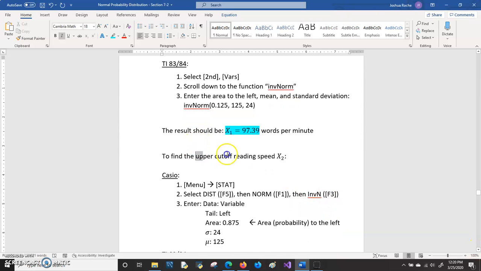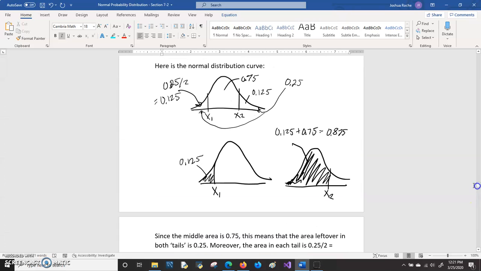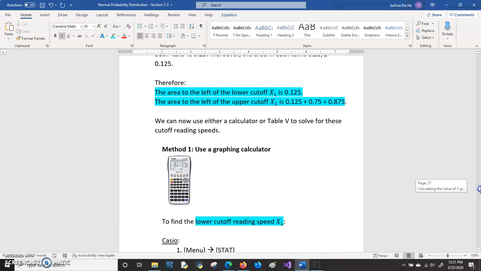Now we'll find the upper cutoff for these reading speeds. The only difference is that now we'll put in an area of 0.875. Just as was noted earlier, the area to the left of x2 is 0.875.